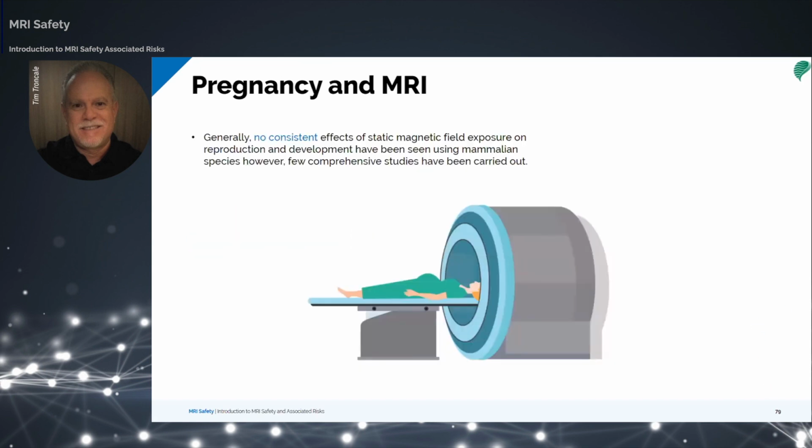Since the original studies on pregnancy and MRI done as far back as 1990, additional research has been done by some organizations. Again, these studies show no consistent effects of the static magnetic field on the development of the fetus. There is very good reason that not much research has been done on the effects of radiofrequency on human subjects.